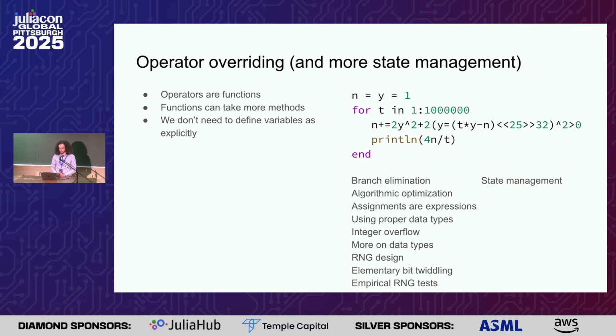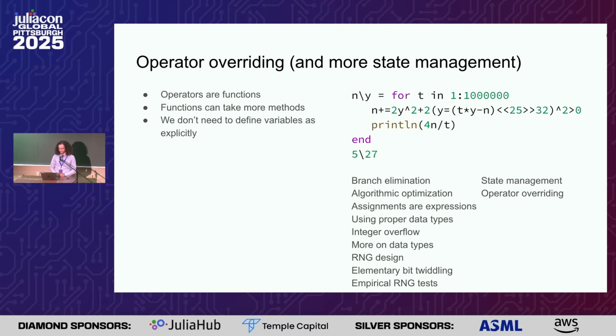Operators in Julia are functions, and functions you can add more methods to. And functions also give you variables from their arguments to work with, and then you don't have to set them equal to something at the beginning. You can just call the function. Okay, so the backslash operator in Julia, we're going to redefine it to be this algorithm.